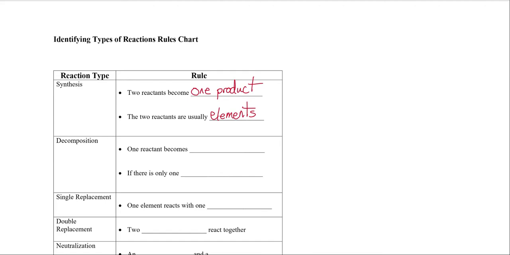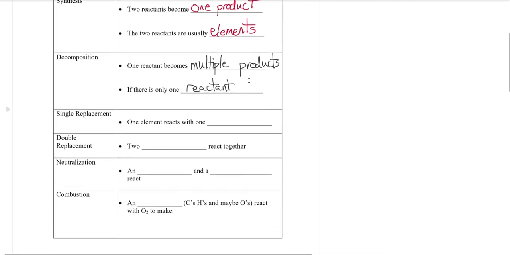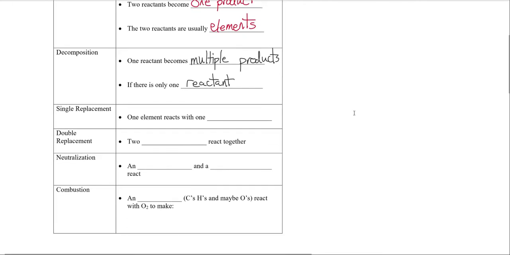What about decomposition? It's when one reactant becomes multiple products. So if you are trying to identify, if you only see one reactant, there's only one thing that single reactant can do, and that's split up and decompose. How can you identify something that's undergoing single replacement?